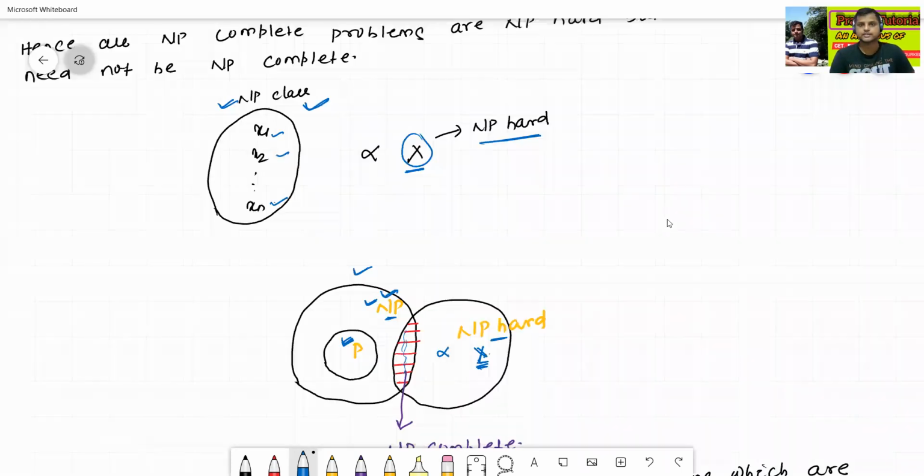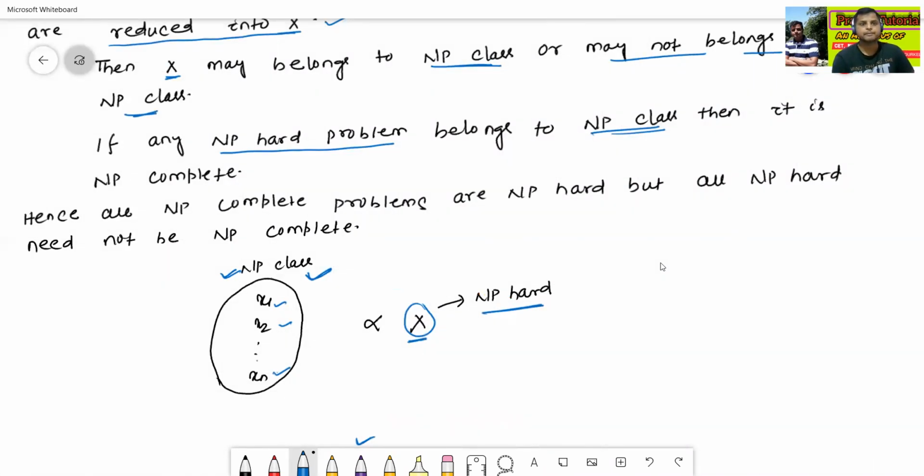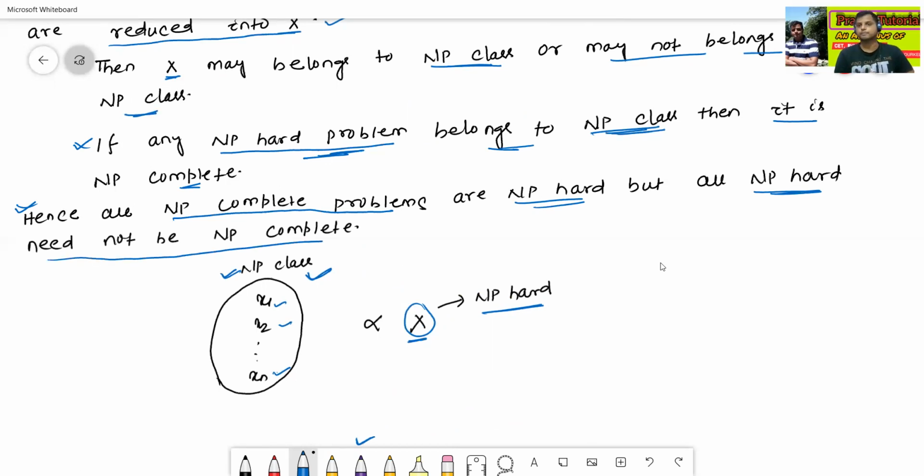This is the definition: if any NP hard problem belongs to the NP class, then it is called an NP complete problem. Hence, all NP complete problems are NP hard, but all NP hard problems need not be NP complete.